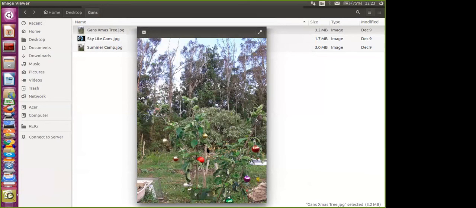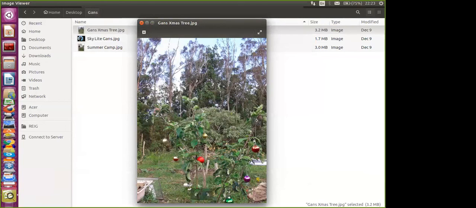Anyway, what Trish has done is she's got the tree up the back, and there's little spheres hanging all over it with the GANs in it. It's our GANs Christmas tree. It's actually an apple tree. All our fruit trees are quite young, and they're all growing very vigorously. We see you.